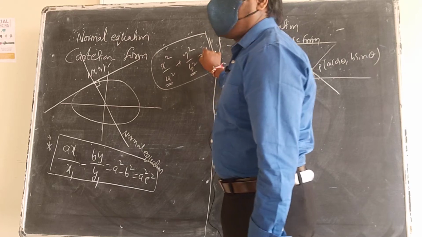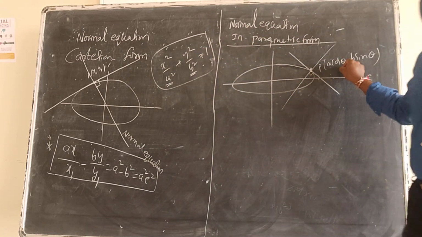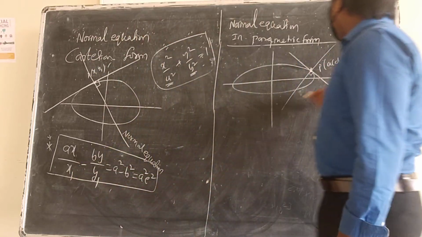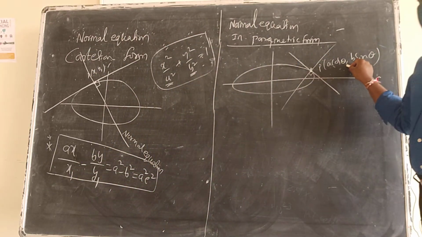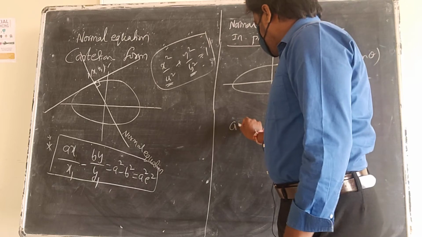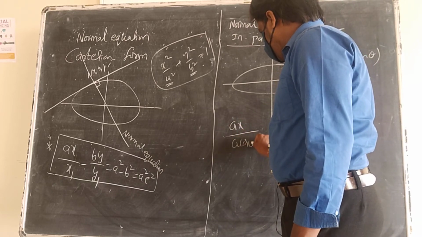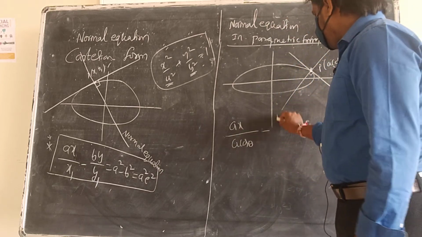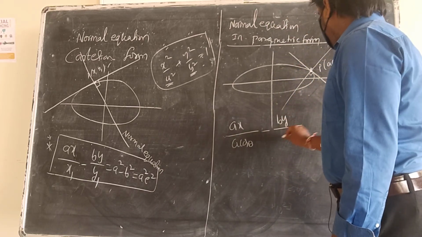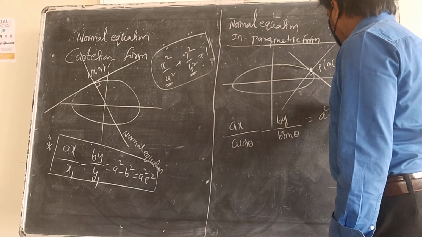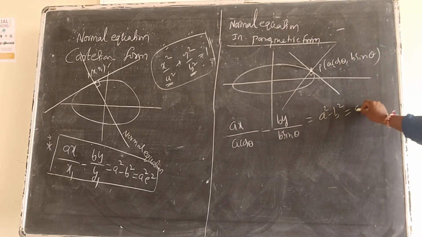You know the ellipse, you know the parametric point, then in the equation wherever x1 is there, you have to write a cos theta. So I get a x by a cos theta minus b y by b sin theta is equal to a square minus b square, or you can write a square e square.